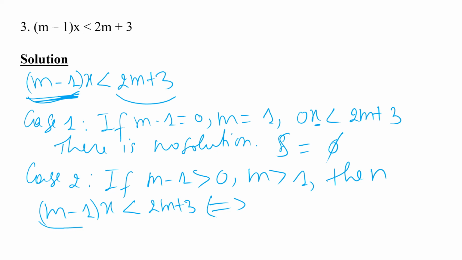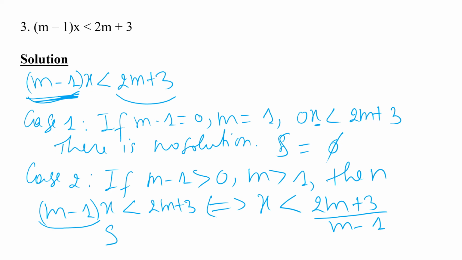Now this is positive, which means we're dividing both sides by the same positive value, which is m minus 1, then x is less than 2m plus 3 over m minus 1.